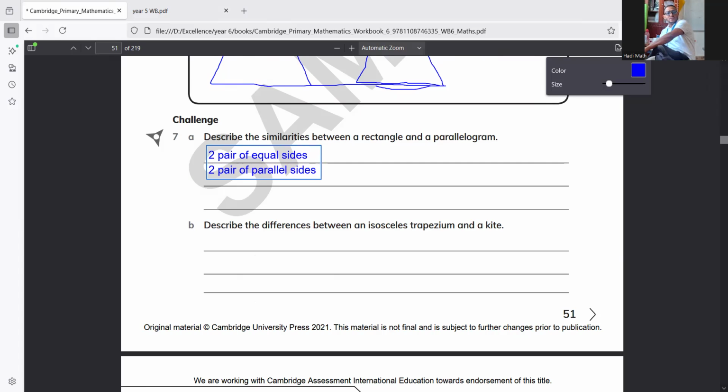And you could say from the beginning that both of them are quadrilaterals.